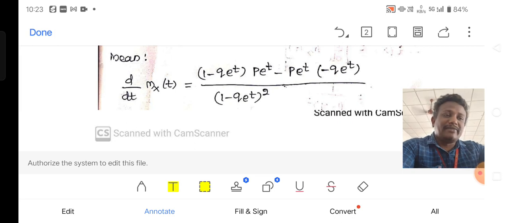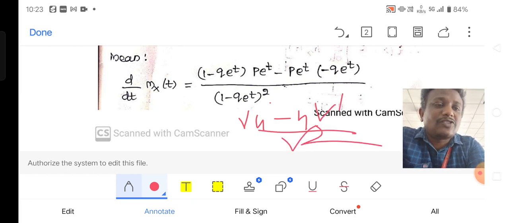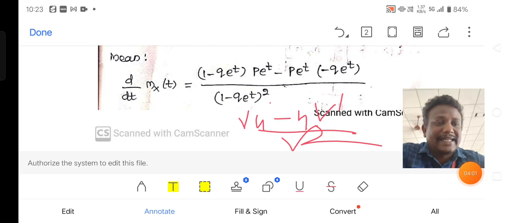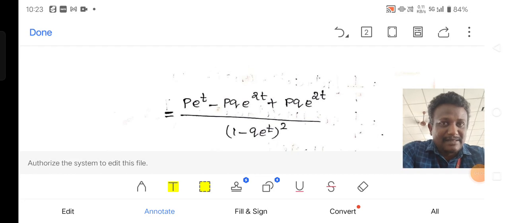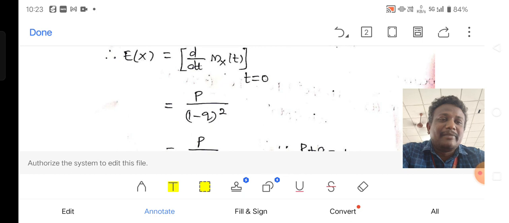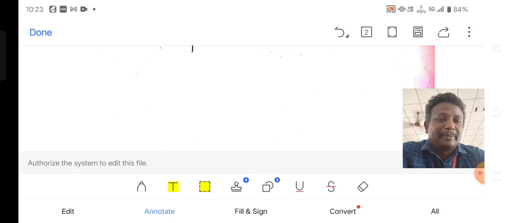It is in the u by v form, and the u by v formula is (v u dash minus u v dash) divided by v square. So apply this formula, substitute all the results and simplify. Then I get E of x equal to p divided by 1 minus q the whole square. 1 minus q is p, so it is p divided by p square. After cancelling, 1 by p will come.